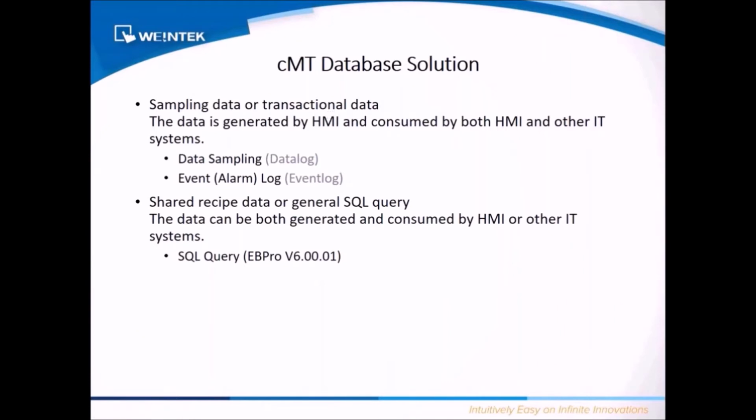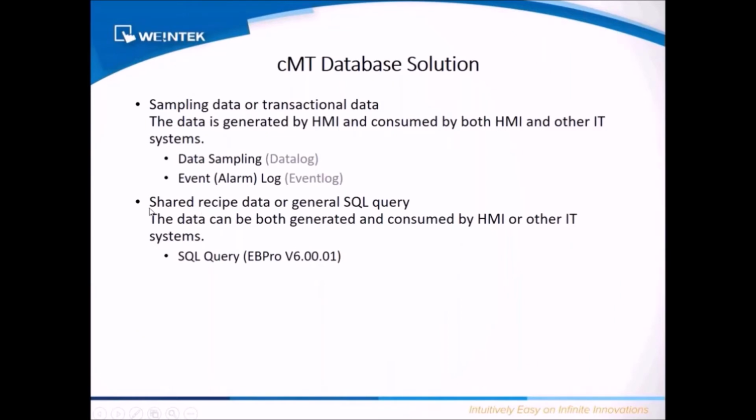So for example, if you want to record the whole process of the machine, then you can use data sampling to record the data into the database. Or if something bad happened or something you want to record in a centralized database, you can use event log and save or synchronize them to the database.